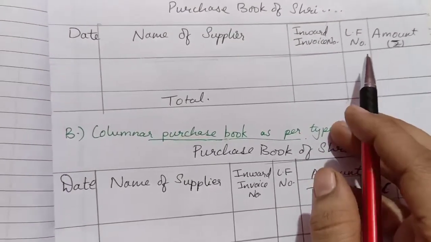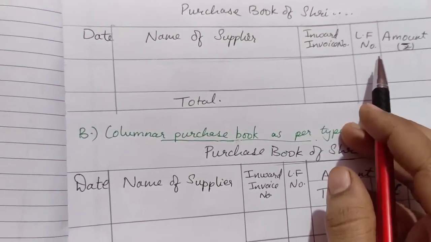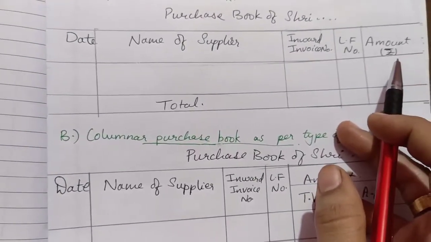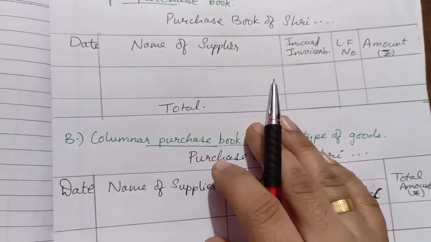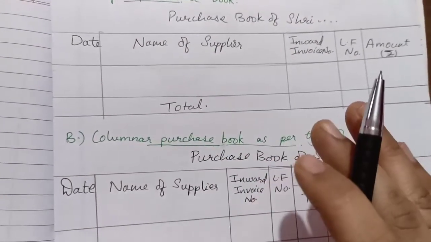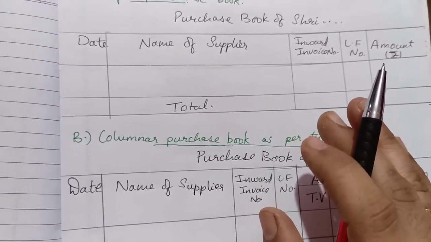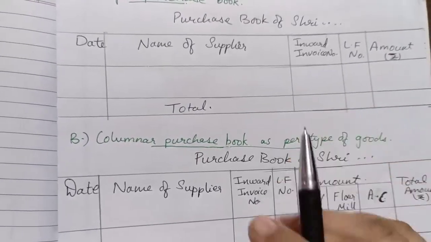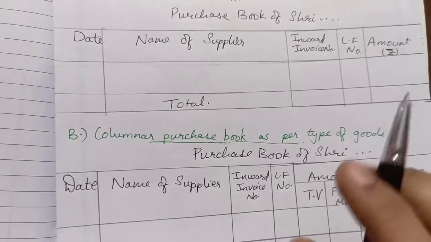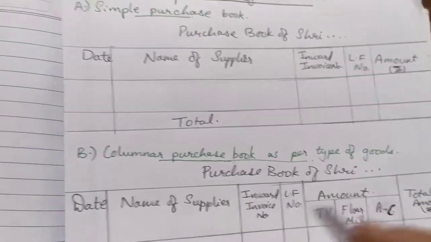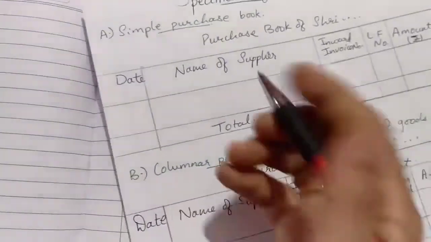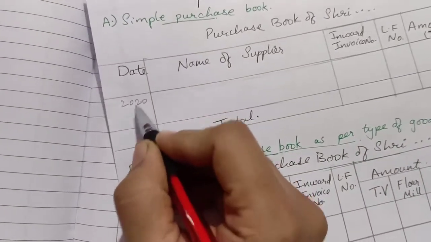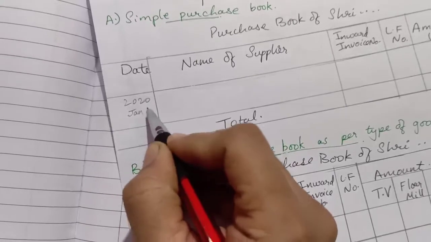Then the ledger folio number. We know that is the page number on the ledger. Then is the amount. Let's see an example. For instance, goods of rupees 15,000 are purchased from Mr. X at 10% trade discount and the invoice number is 12. Then here whatever the date is, the date will come. Suppose it is 2020 January 1st.